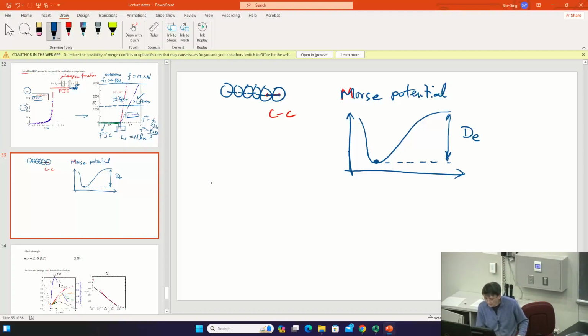Then, according to what is associated with the names of Kauzmann and Eyring, we can definitely think about the lifetime of a bond.